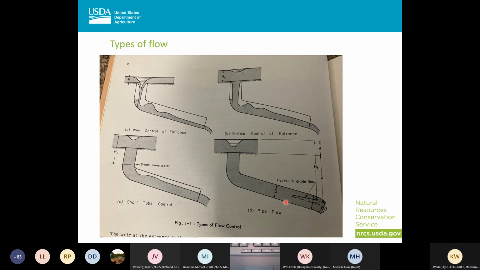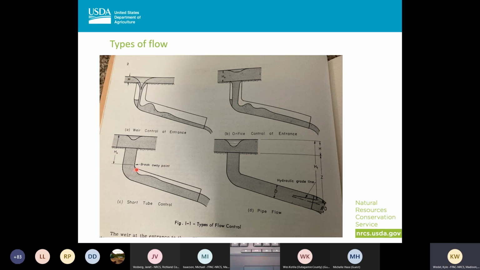And so the next step would probably be to look at your pipe and see if your pipe is coming out full. And if it is, then you'd be considered in pipe flow. And if you don't have a full pipe and you're not in weir flow, you're either in orifice flow or short tube control. These are really hard to decipher between the two of them.